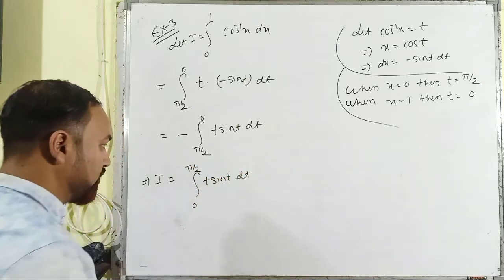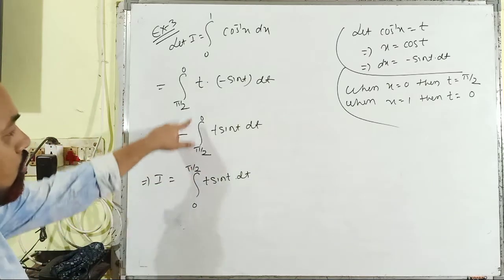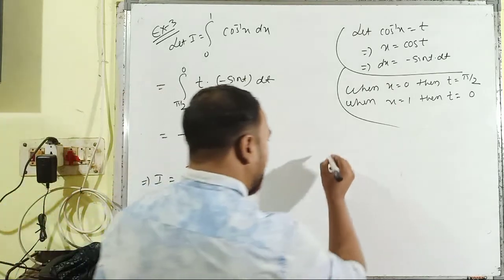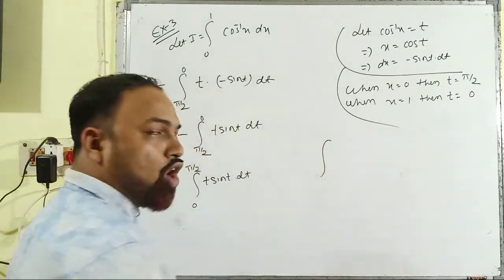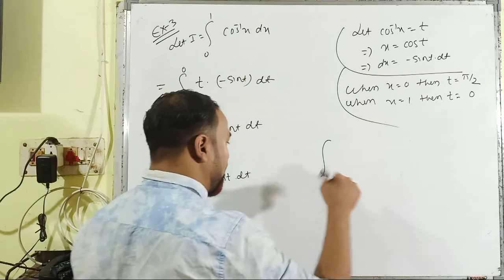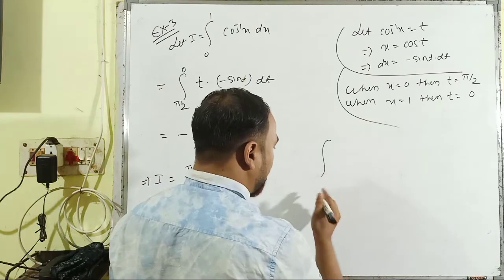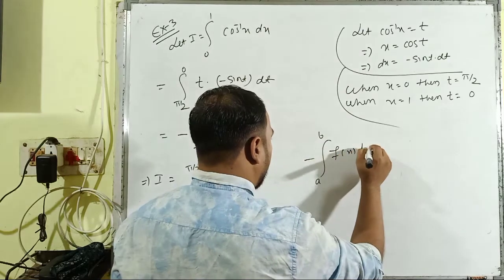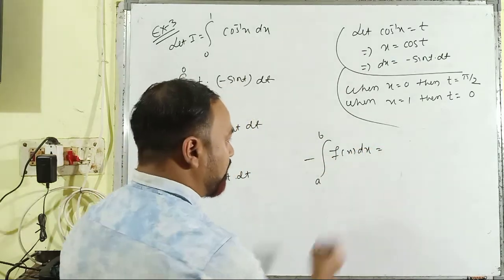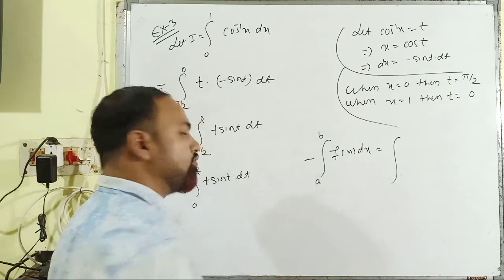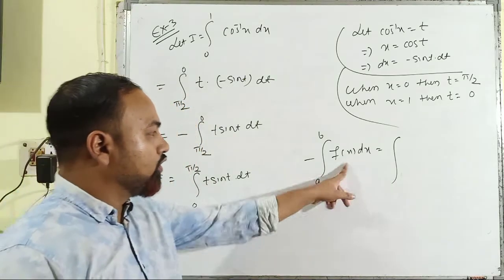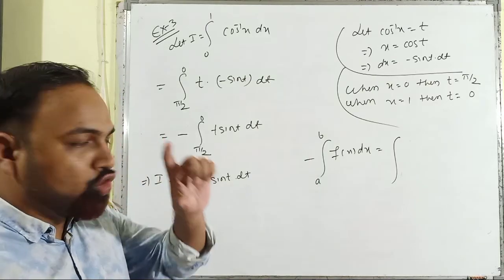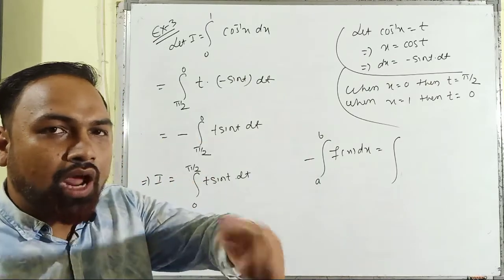So here it comes: how the lower limit got to the upper limit and the upper limit came to the lower limit. Because there exists a property of definite integration, and I will teach you in the next video. If there exists a negative sign outside of the integral and we have to remove it, then we just interchange the lower limit and the upper limit.